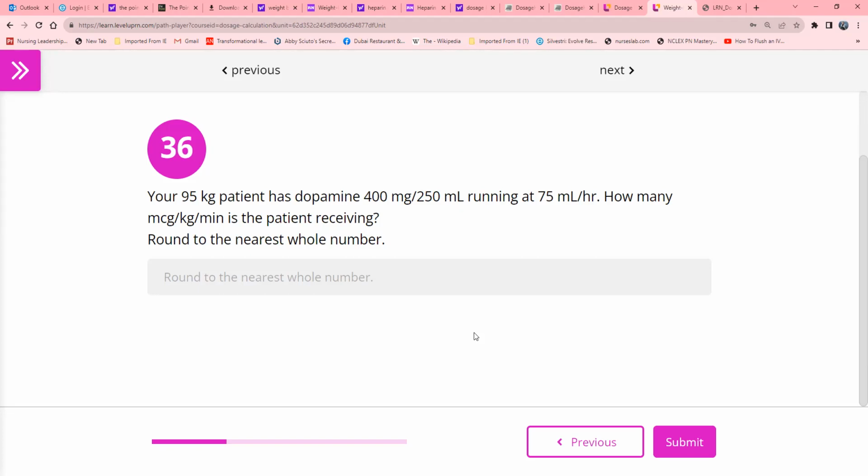So we're going to the right, so it'd be 400,000. So now we got to figure out how many micrograms per each mL.